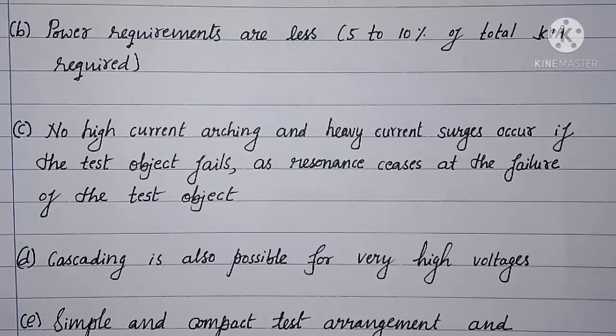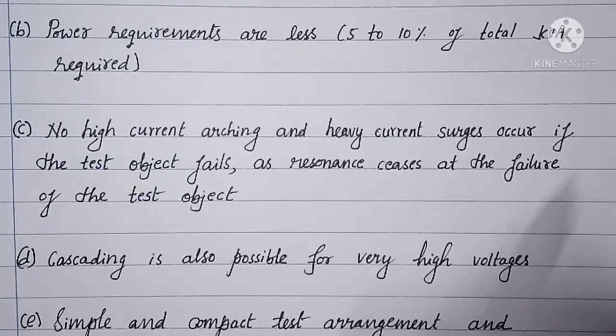In case the test object fails, it means that the capacitor gets short circuited. Once the capacitor in the resonance circuit gets short circuited, then the inductance will become effective.